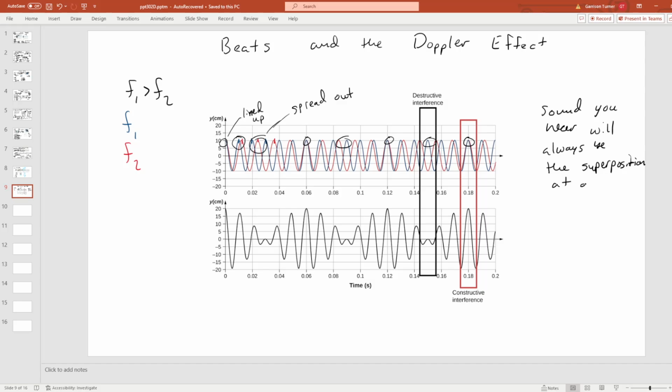When our signals are lined up, this is constructive interference, and when they're spread out, this tends to have destructive interference.